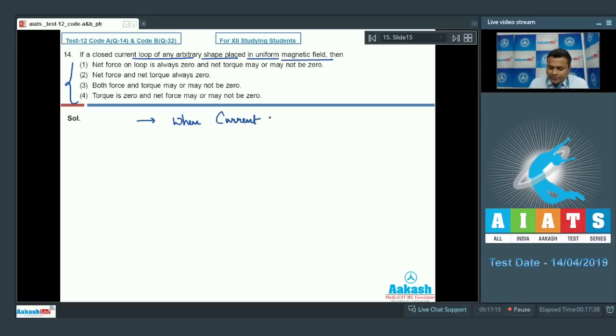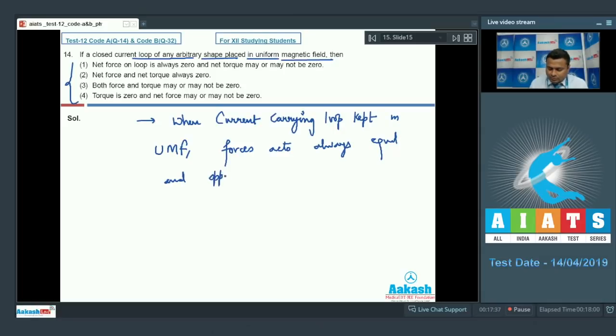when a current carrying loop is kept in a uniform magnetic field, forces act always equal and opposite. Therefore the net force will always be 0.